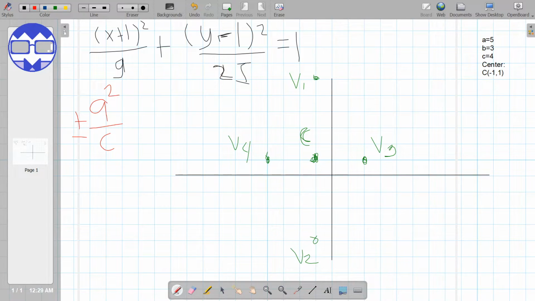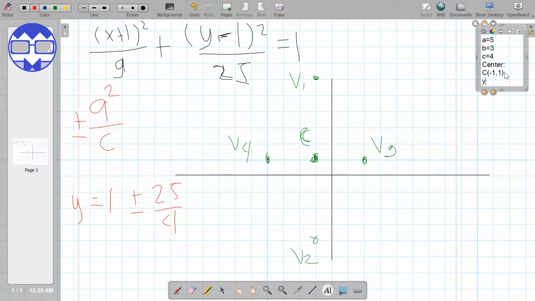Take note that the ellipse is vertical, so we have y equals k. What is our k? K is 1. So 1 plus or minus a squared, which is 25, over c, which is 4. So we will have two answers.